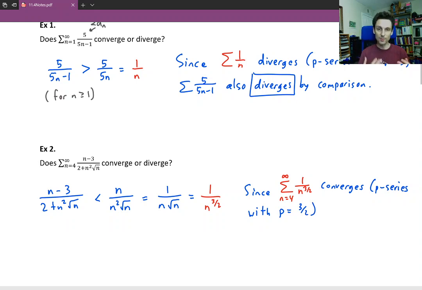This is a p-series with p equals 3/2, which is, I guess I'll put in here, 3/2 is greater than 1, and that's what makes it converge. So since that known series converges, our smaller series has to converge as well.